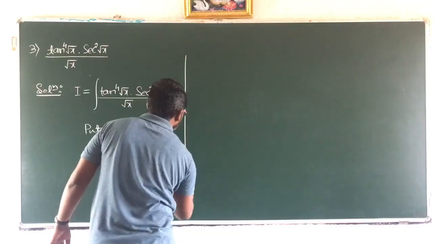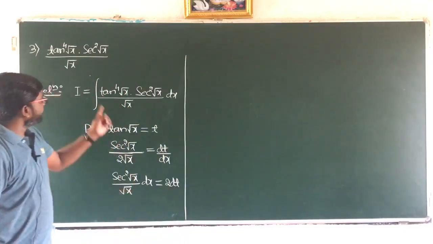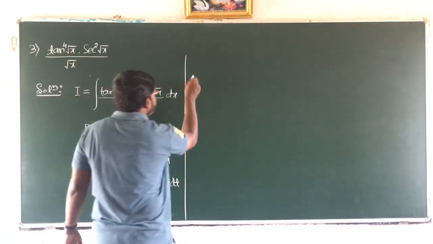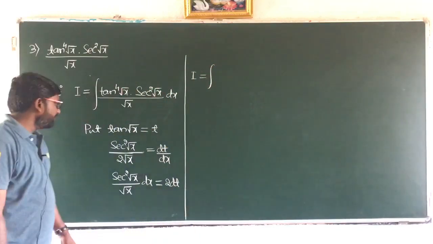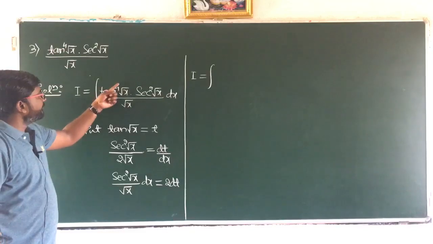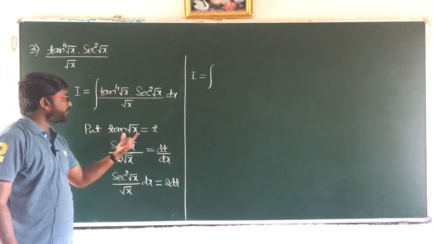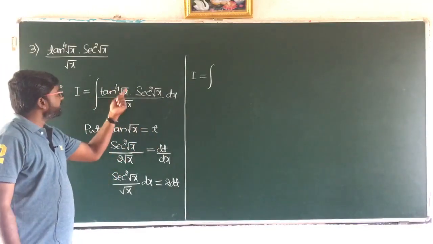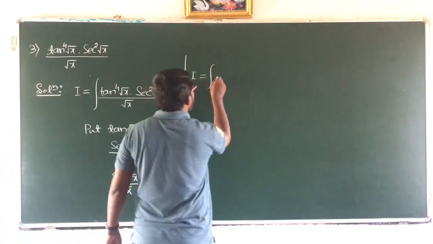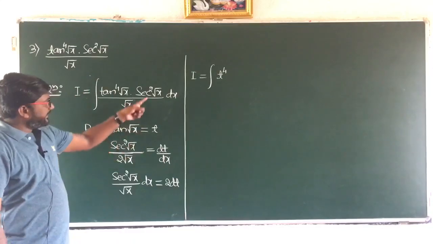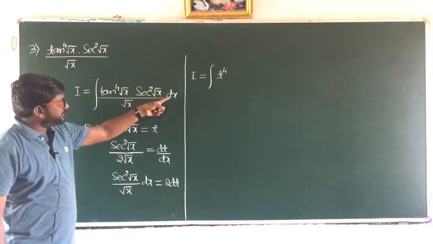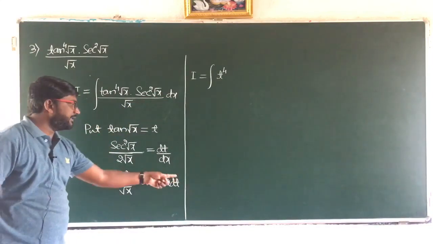So now let us rewrite the integral I, which is equal to the integral of, see here, tan to the power 4 root x, we have taken tan root x as t, this becomes t to the power 4, and then secant square root x dx divided by root x will be 2 dt.